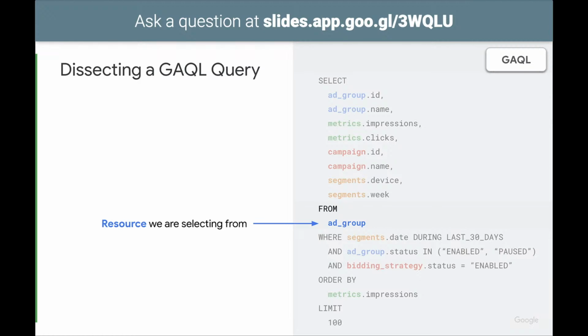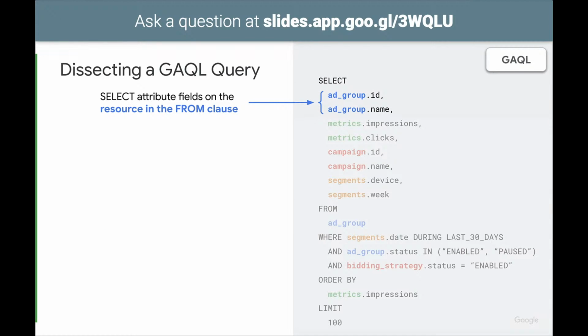And that brings us to select. So with select, you can select a number of different types of fields. Again, these are the columns that will be in your reporting result. Now, we can select the fields on the resource in our from clause. So for example, every ad group has an ID and a name. You can put those directly into your select clause, and you'll get those in your result.